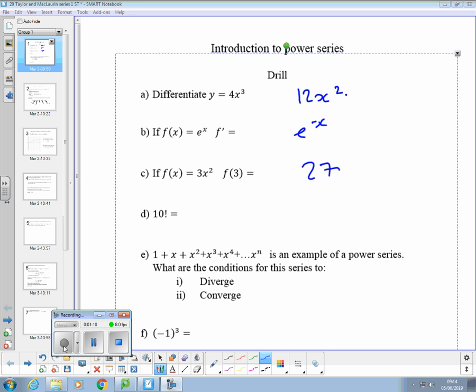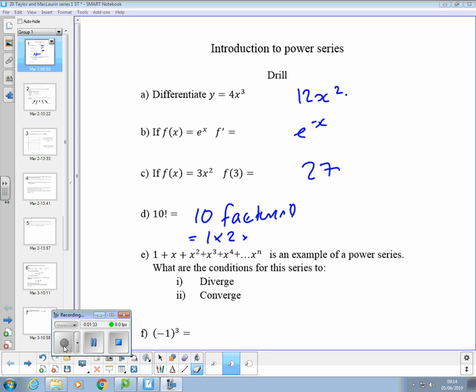What does 10 with an exclamation mark mean? Factorial. Yeah, that's 10 factorial. What does 10 factorial mean? 10 factorial means 10 times 9 times 8 and so on down to 1.